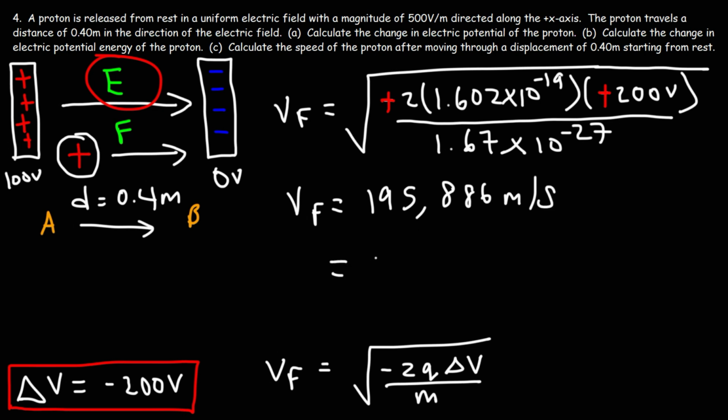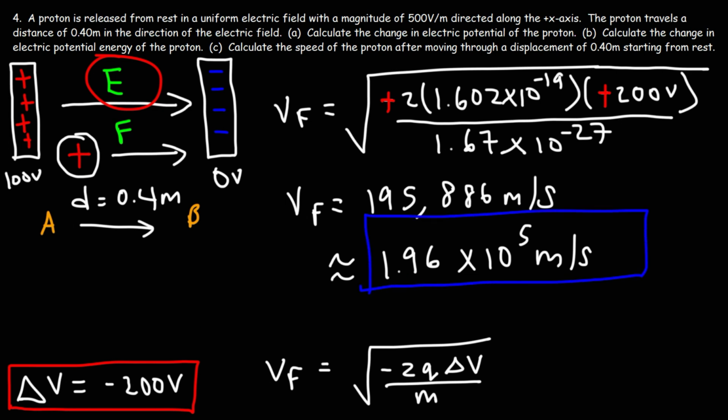So we could say that's approximately 1.96 times 10 to the 5th power meters per second. We could move the decimal 5 units to the left to put it in scientific notation. So that's the final speed of the proton after moving through a displacement of 0.4 meters.